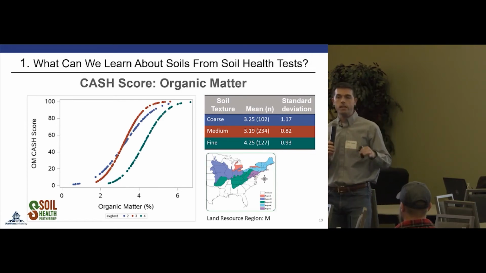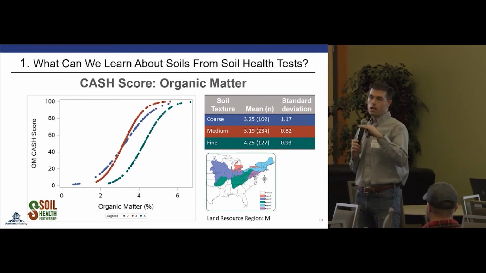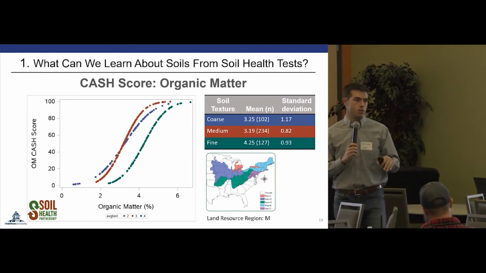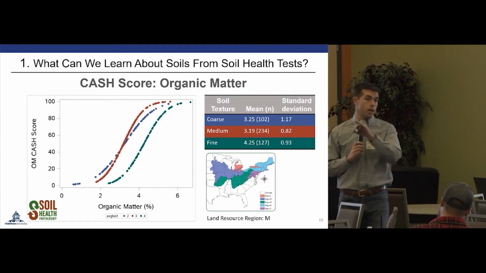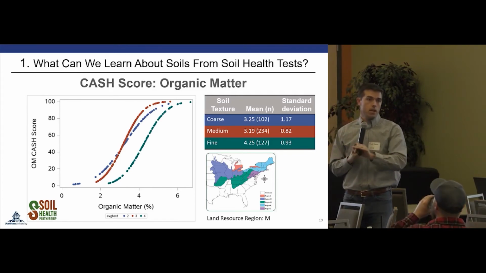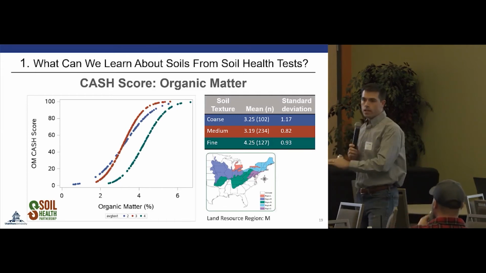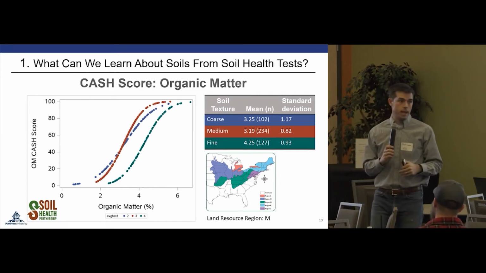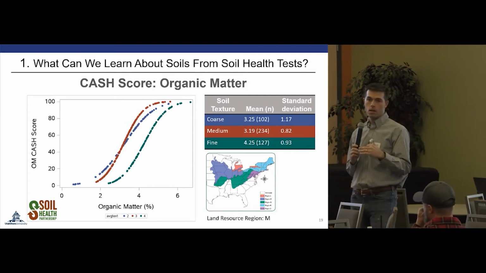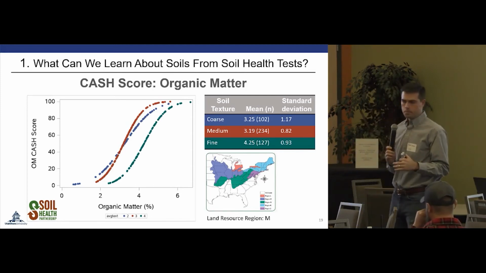So if you were to send in your sample, you would get a score based on the Cornell data set and what they have. What I've done here is I've taken the Soil Health Partnership data set and I've calculated the CASH score based on our own data set.